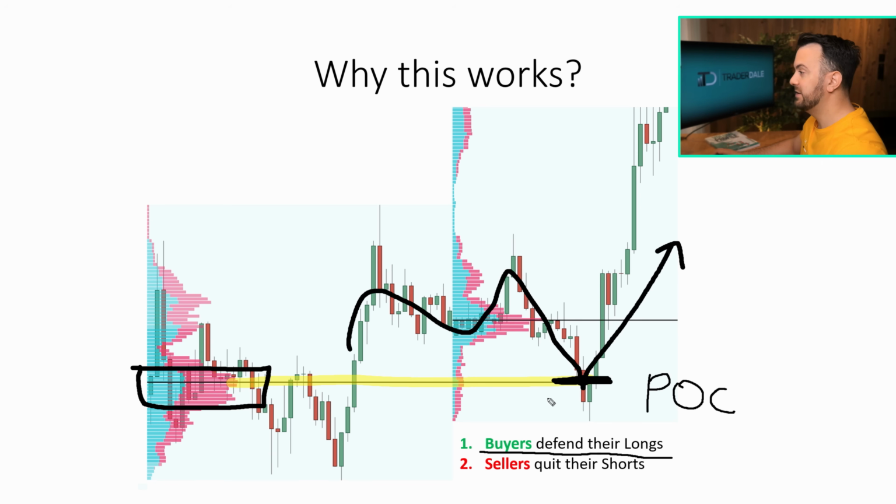Now, the second reason why the price reacts here is that at the same time, sellers are quitting their shorts. So imagine you are a seller who entered short in here, okay? Now the price moves downwards, but enters a significant place where there are quite possibly strong buyers standing in the way of this short. So what do you do?